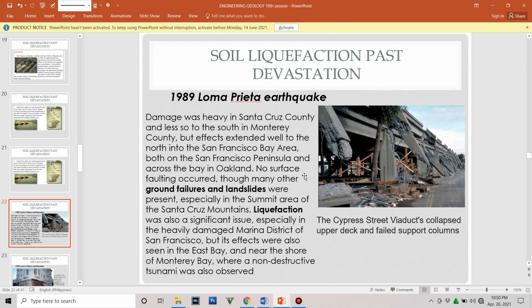So 63 people were killed. 3,700 plus ang na-injured, and 12,000 people were displaced. Okay. So that is the earthquake at Loma Prieta. By the way, the epicenter of that is on the San Andreas Fault, which is 56 miles south of San Francisco.